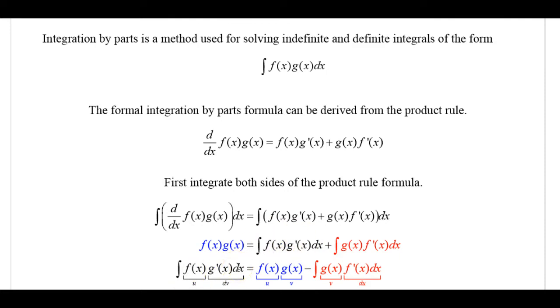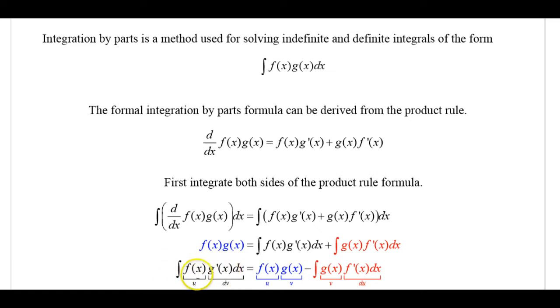Underneath each little part, you'll see labels. We're calling the function f of x u. And this whole portion here, the g prime of x and the differential dx, I'm calling that dv.